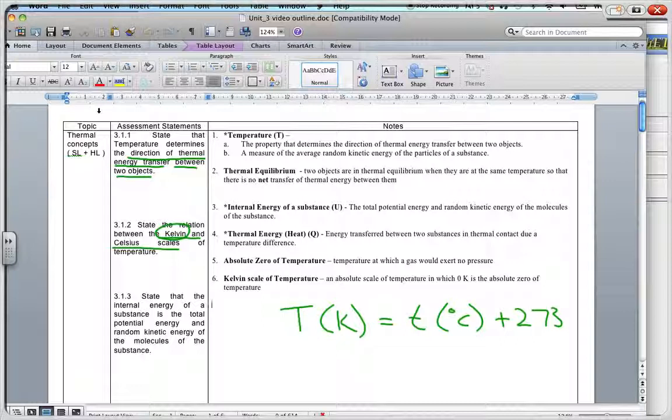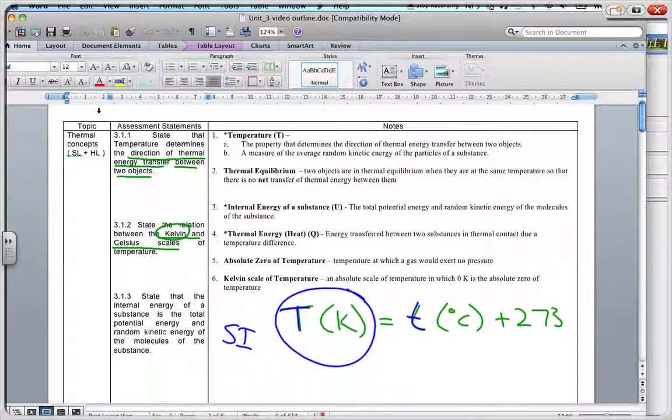Notice that we usually use a capital T when we are dealing with Kelvin, and a small t when you're dealing with Celsius. Kelvin is your SI unit for temperature, so it's the one that we would want to be using. We use that a lot, and in most of the formulas we would put that in.